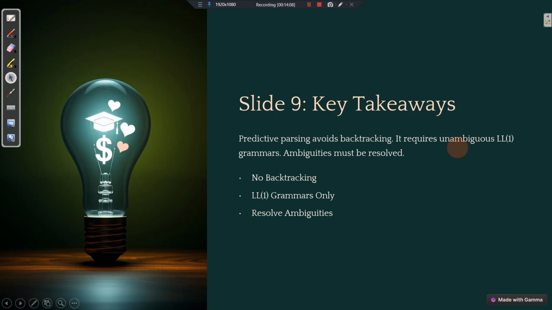It requires unambiguous LL1 grammars, but in our question it was an ambiguous grammar because in the parse table two production entries were in the same non-terminal versus terminal column. So ambiguities must be resolved.